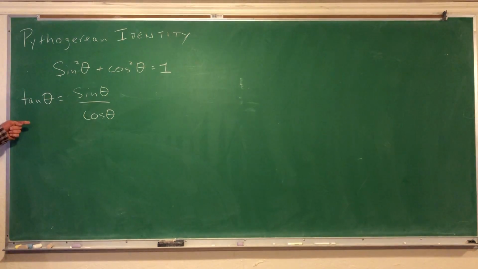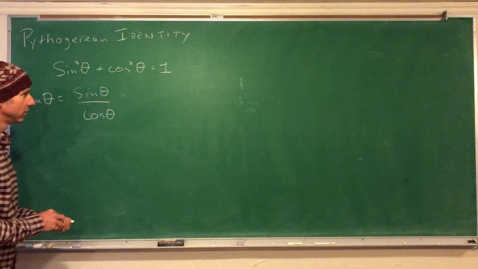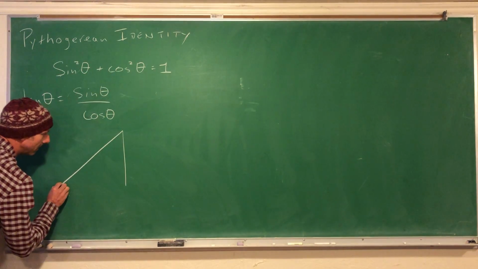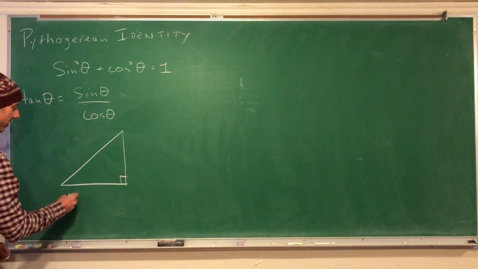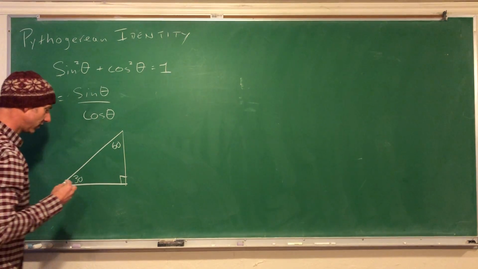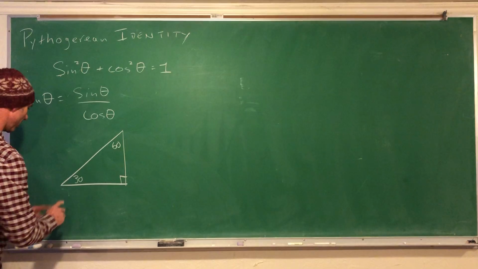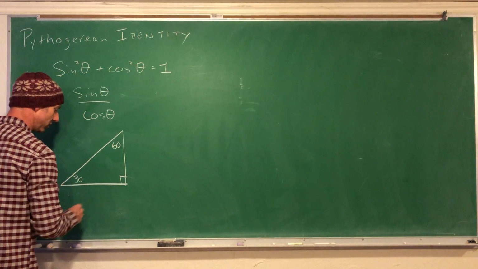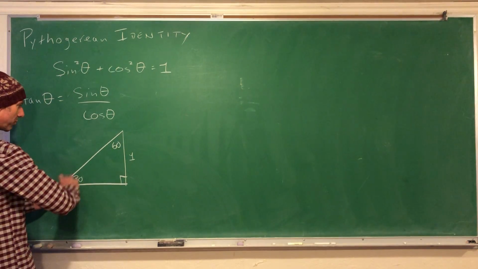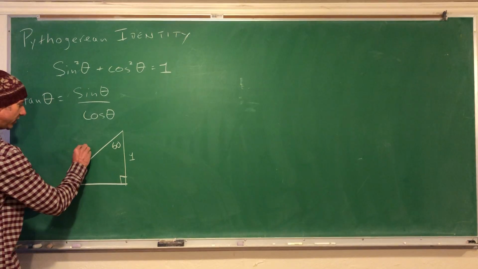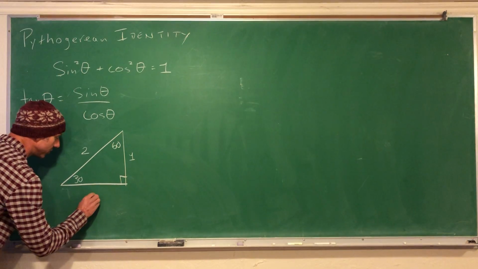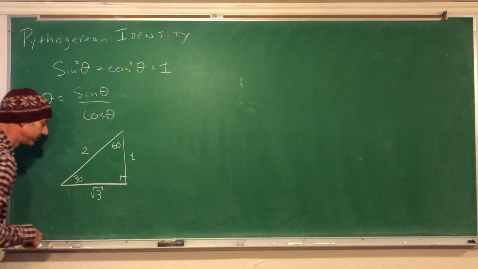And let's go ahead and use this as an example to show how this would work out. So let's say I have a triangle. And we'll make this a 30, 60, 90 right triangle. And the side ratios are: the short side, which is over here, is going to be a length of 1. The hypotenuse is the longest, a length of 2. And then the middle length here, opposite this, is root 3.